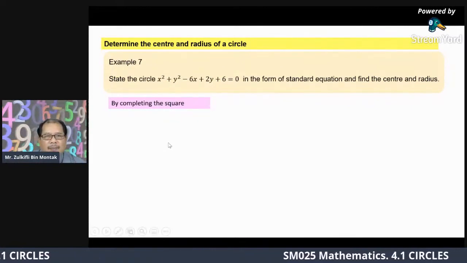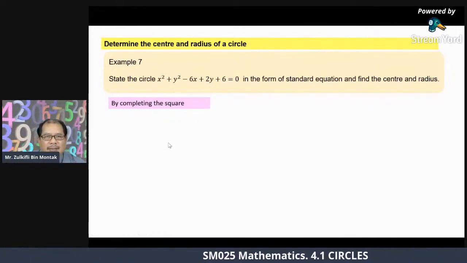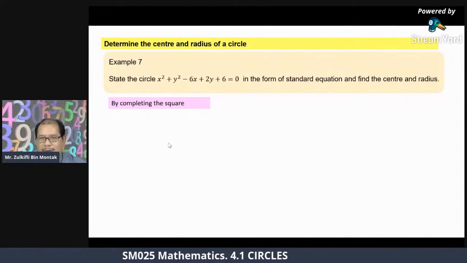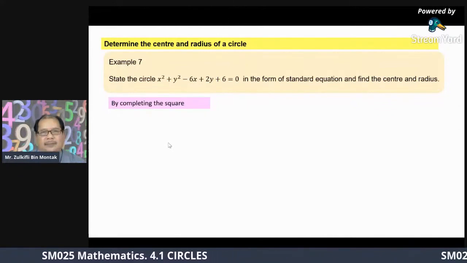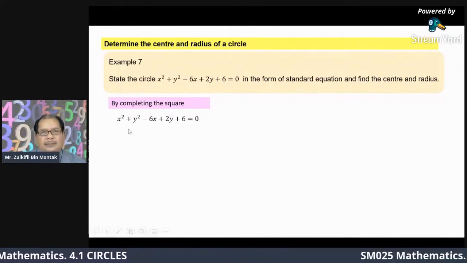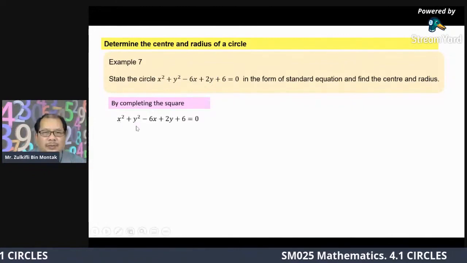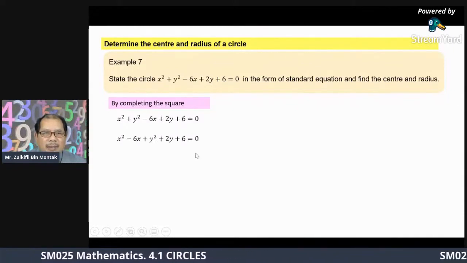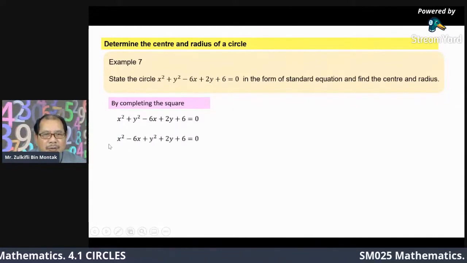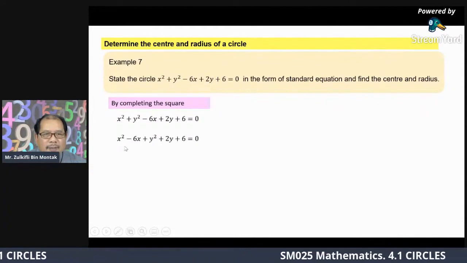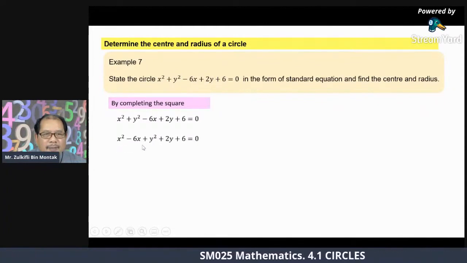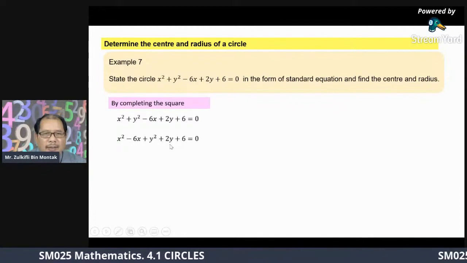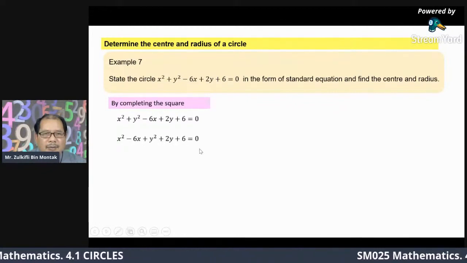Okay, x squared plus y squared minus 6x plus 2y plus 6 equal to 0. Now split into two parts: x squared minus 6x, and then y squared plus 2y plus 6 equal to 0.